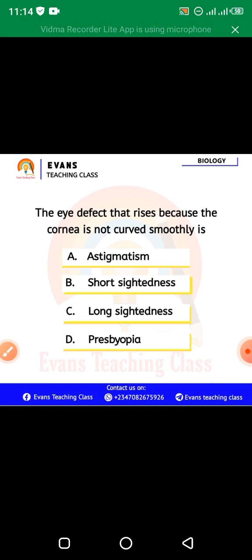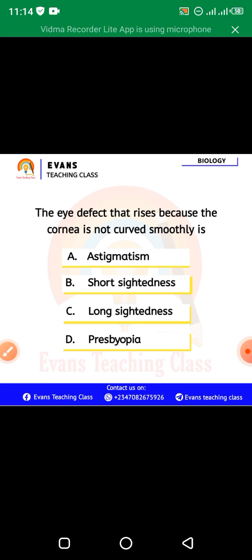Now astigmatism. It is the eye defect that arises when the cornea is not curved smoothly. You will have a hard time identifying a straight line; you will not know if the line is straight. So what can we do to correct astigmatism?